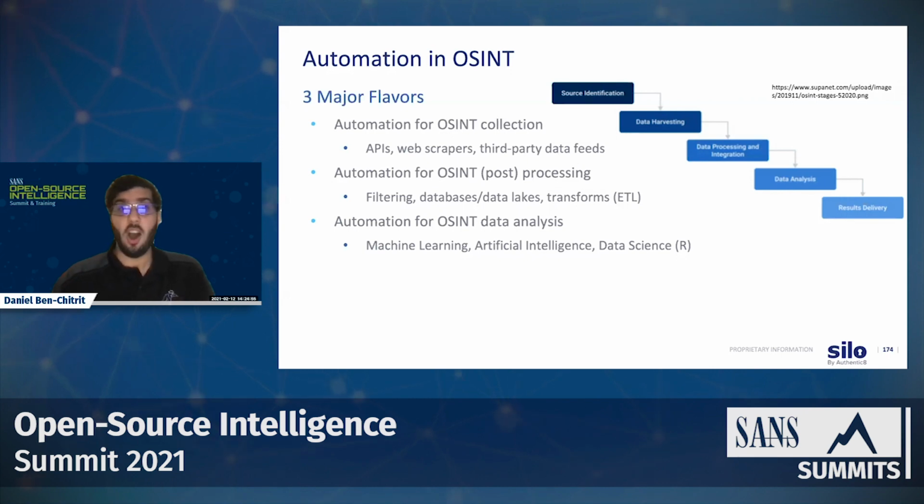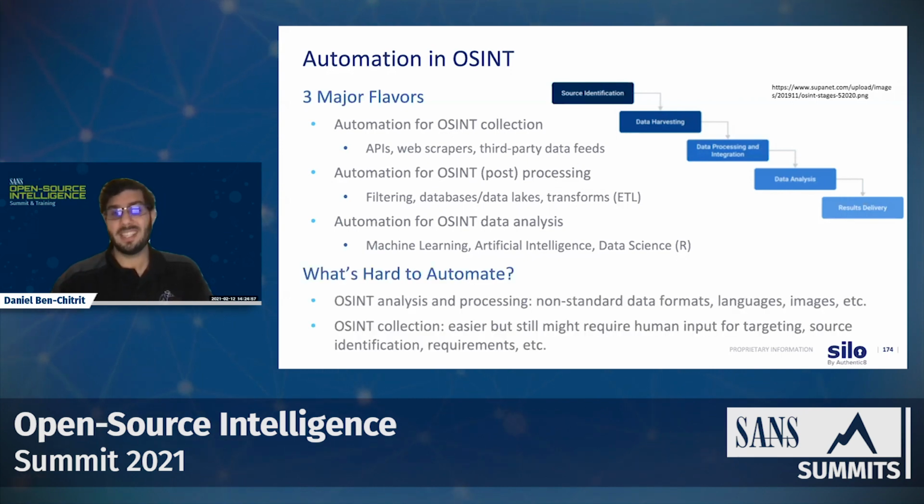Now, you can automate all of these steps in one, but it's going to become difficult to do that. In some cases, it actually might be impossible to automate all of the steps. You're always going to need to have some sort of human involvement when it comes to OSINT data collection and analysis. Each flavor has its own unique nuances, though.